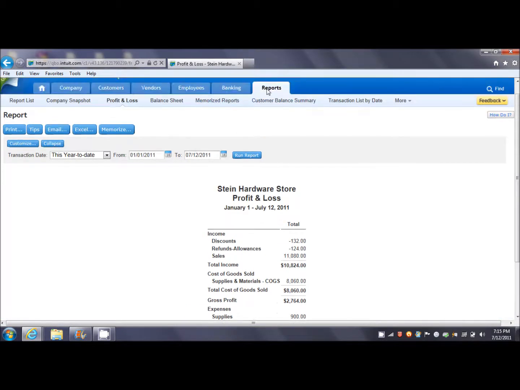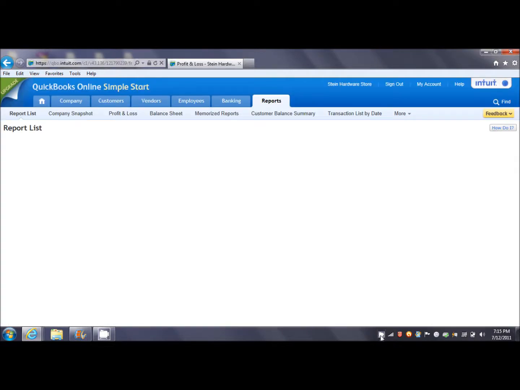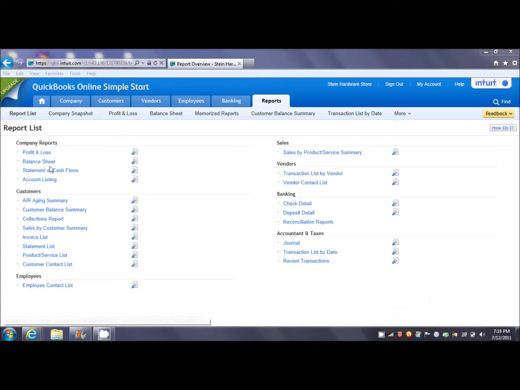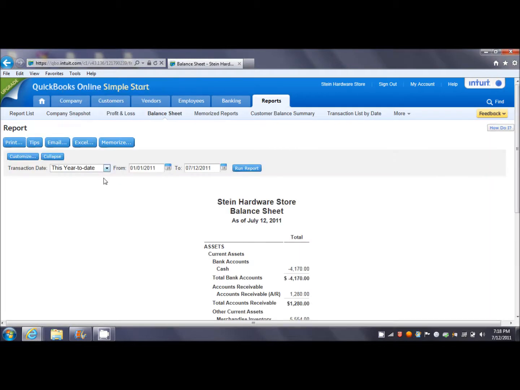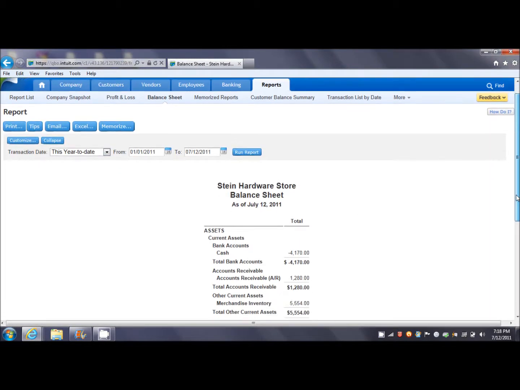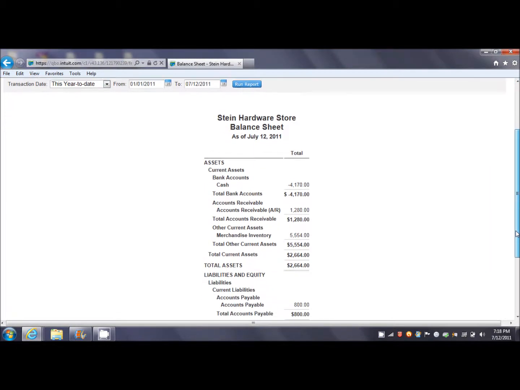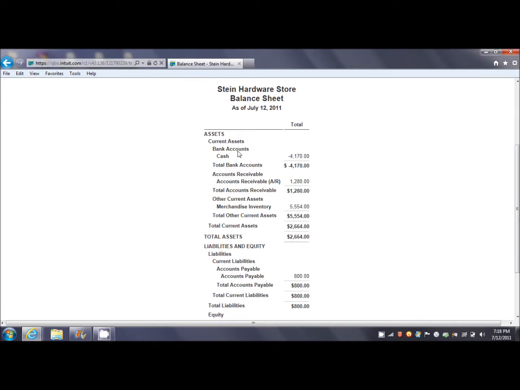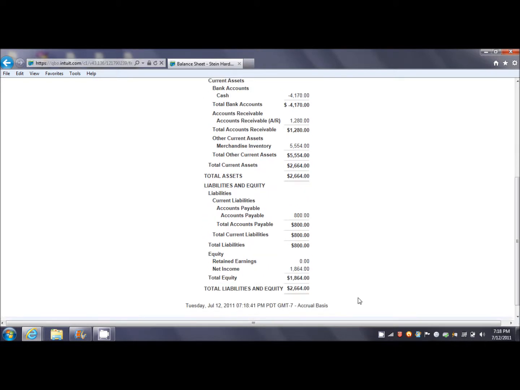From here we can go back to Reports. Next we will view the balance sheet. And the balance sheet shows the assets, total liabilities, and equity.